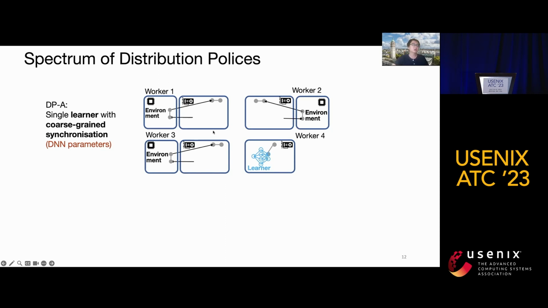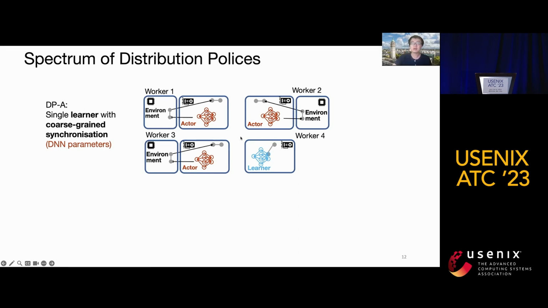In addition to that, this policy also collocates the actor and the neural network for the actor to do the inference with the environment simulation on the same workers. That means this system can have very good performance in data collection because it collocates the inference and the environment simulation on the same worker.